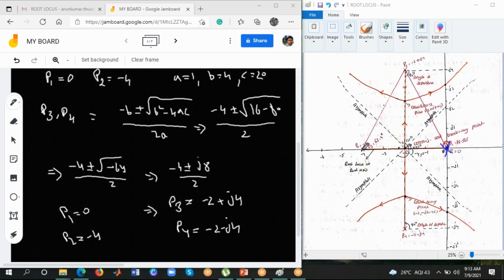Third is minus 2 plus j4, so minus 2 is there, and j4. This is P3 and this is P4. So this is the first step. We found the locations: P1 equals 0, P2 equals minus 4, P3 equals minus 2 plus j4 and P4 is minus 2 minus j4. Have you all done this?